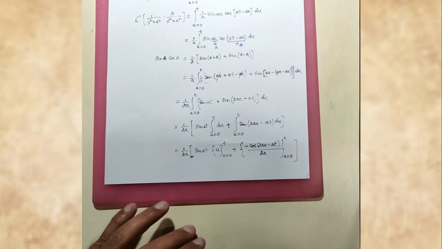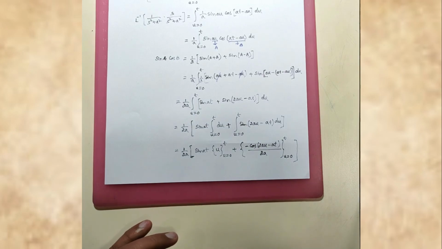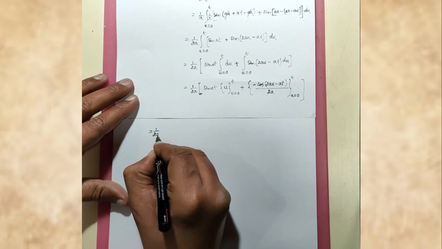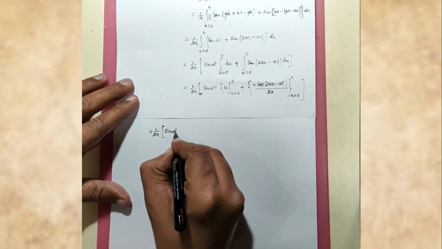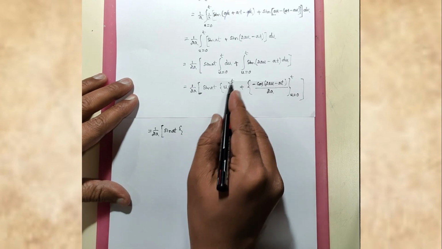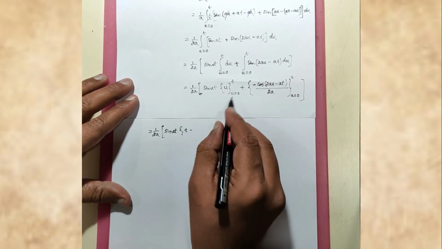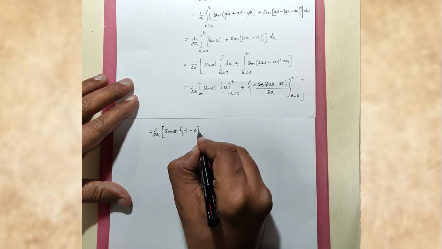So let us apply the upper and lower limit values. This will be equal to 1 by 2a, this sine of at will remain as it is. The upper limit value for u will be t minus the lower limit value for u, which is 0.